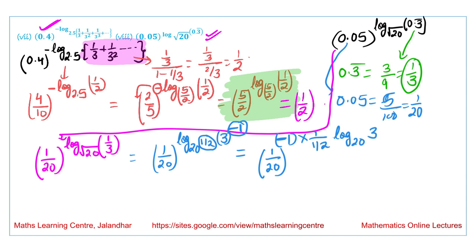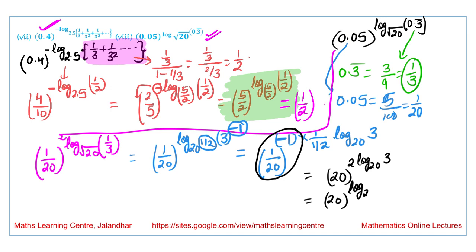Now look at this term over here, 1 by 20 raised to the power minus 1 will become 20. So this is equal to 20 raised to the power 2 log base 20 of 3. This term we can write as 20 raised to the power log base 20 of 9.